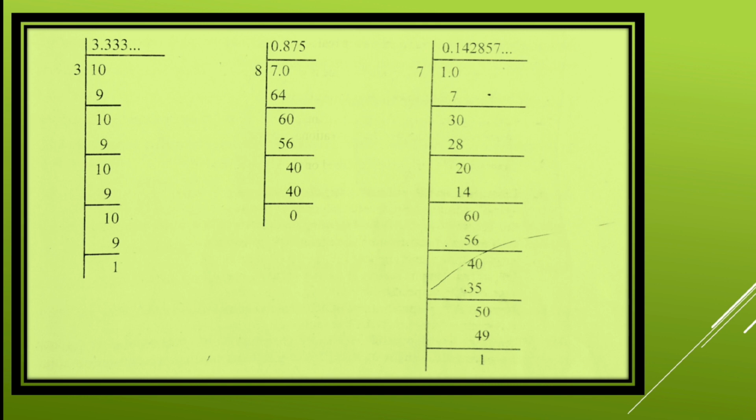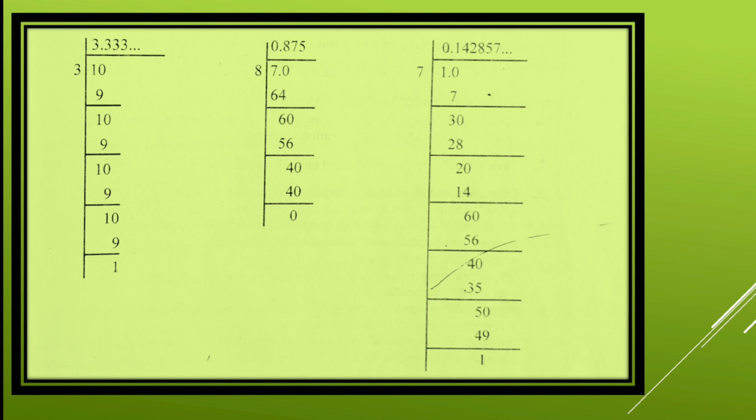You can see that here again 1 is coming now. So when 1 comes, the number will start repeating. So it would become 0.142857 bar, because 1 is there, which means your decimal 142857 will repeat. So it is again non-terminating but repeating.